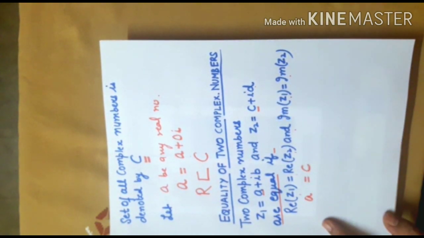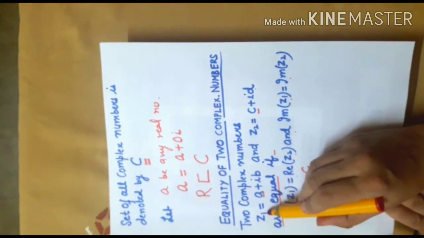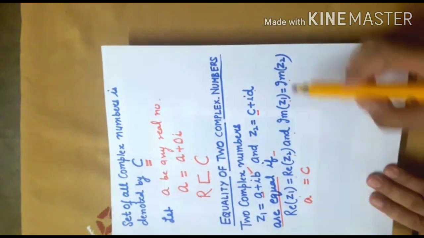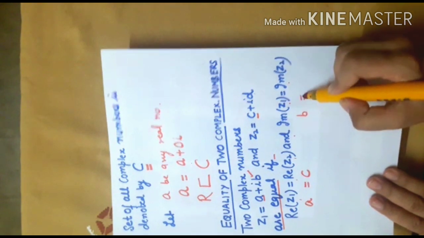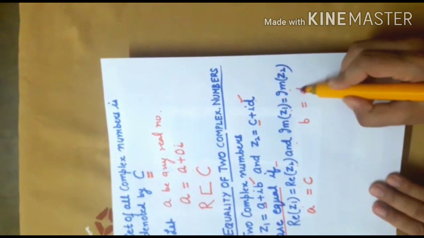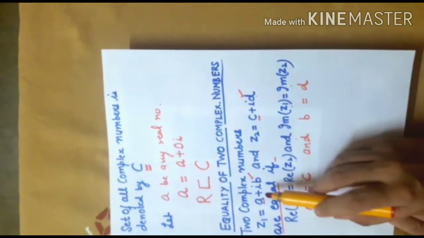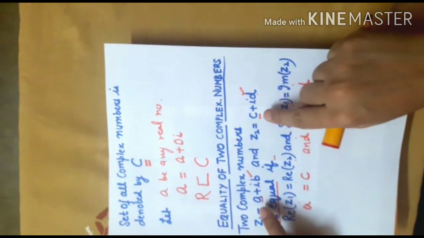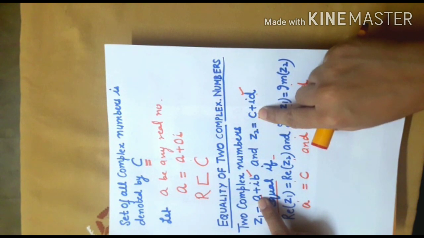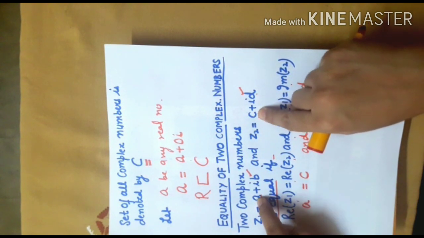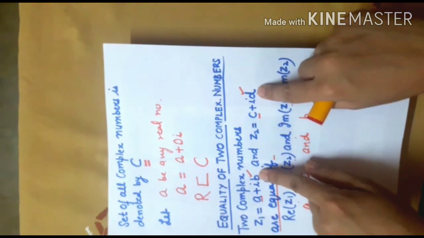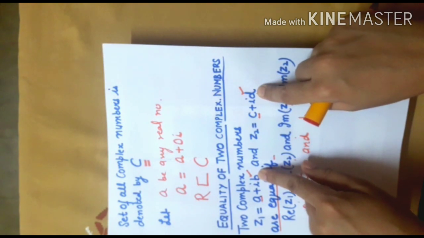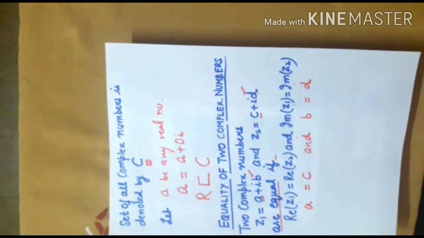So a is equal to c. The imaginary part of z1 is b, the imaginary part of z2 is d. So these two complex numbers will be equal if a is equal to c, that is their real parts are equal, and b is equal to d, that is their imaginary parts are also equal.